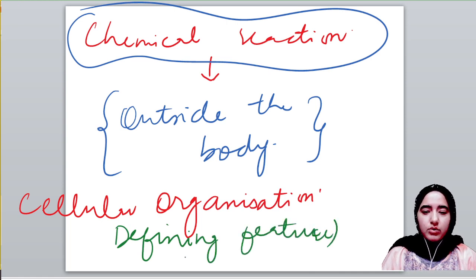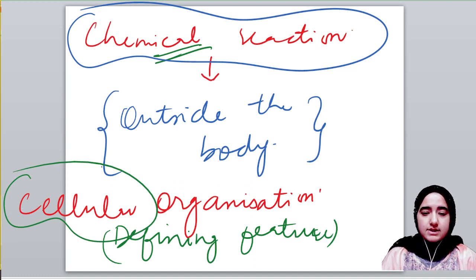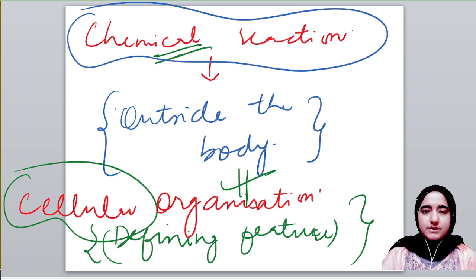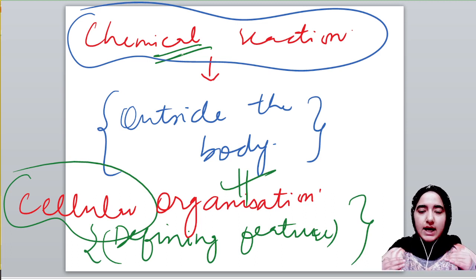Because inside our bodies, where do chemical reactions, where does metabolism take place? Obviously it takes place in cells. That's why we can say that cellular organization is the defining feature, but metabolism is a characteristic feature, because those reactions we can pursue outside the body in the laboratory.